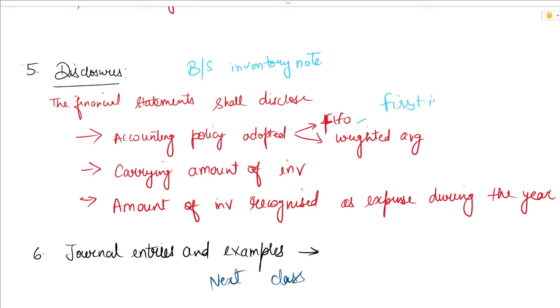The remaining inventory is the last units only. So according to that cost, you will multiply the number of units. That is the FIFO method. Another method is weighted average, in which you will just average out the cost of each unit. There is one more method, which is last in first out, but that is not allowed now.